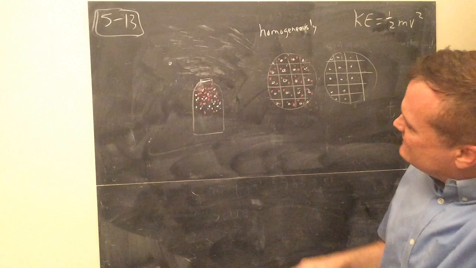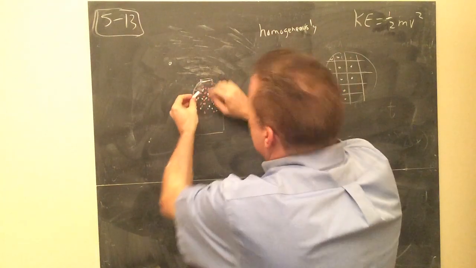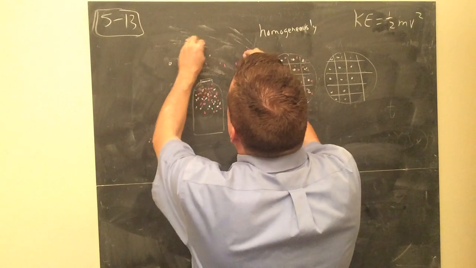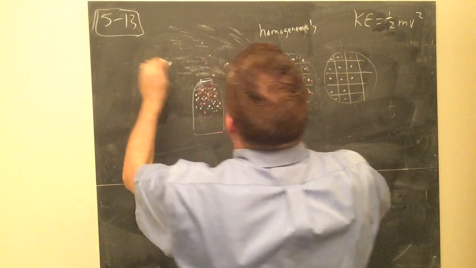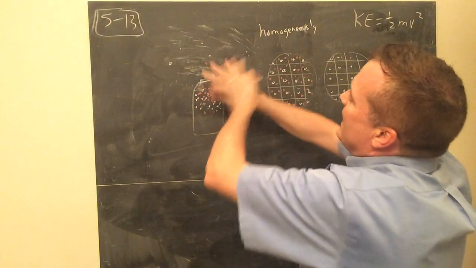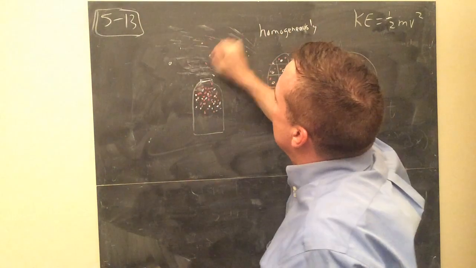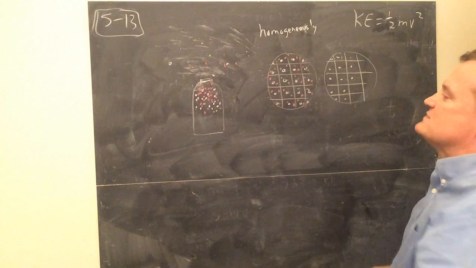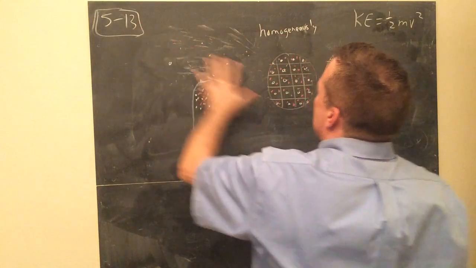Well, what happens is they're going to keep coming out, and then little by little they're going to keep moving around randomly to fill the space up until it's homogeneous throughout all the space. So in other words, all the air will be like this.